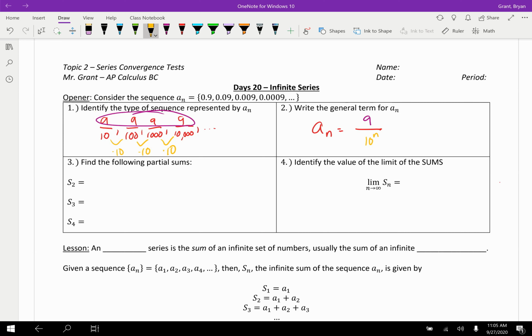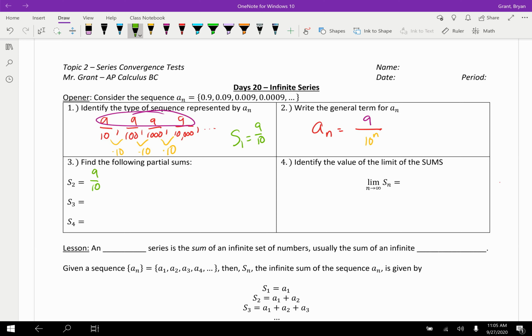All right, now let's find these partial sums. Partial sums can be a little bit tricky here, but it's not too bad, especially if you go the way that I explain it to you. My first partial sum means just take the first term, and the first term is 9 tenths. To find the second partial sum, add up the first 2 terms.